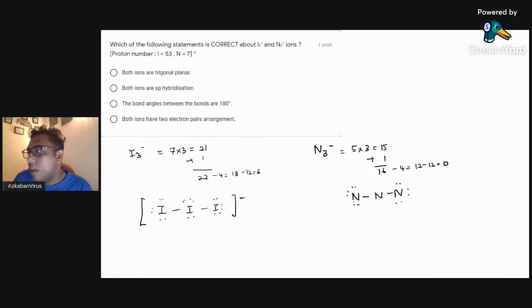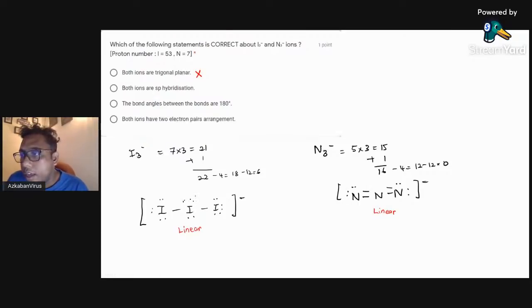After that, make it a double bond. First statement: both ions are trigonal planar. Let's look at the shape first. What is the shape? This one is linear. This one is also linear. So this is out. Both ions are sp hybrid.